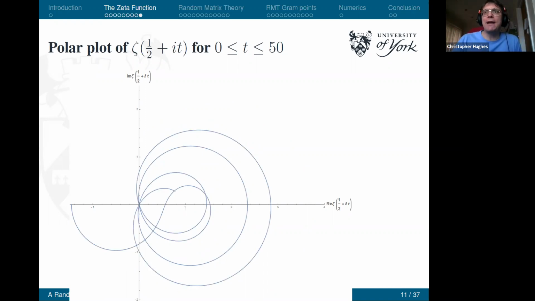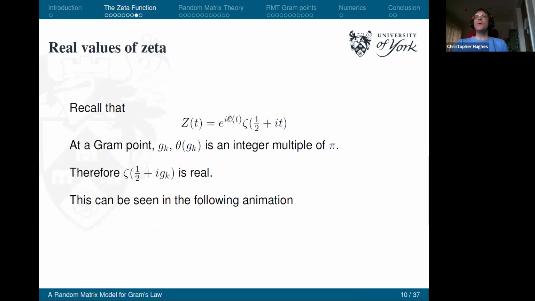If I just go back up a slide. Remember, the Gram points are where theta is an integer multiple of pi. So e to the i theta at consecutive Gram points is going to go +1, -1, +1, -1. Now Z changes sign. So if you've got a zero inside a Gram interval, then Z would have gone from positive to negative.